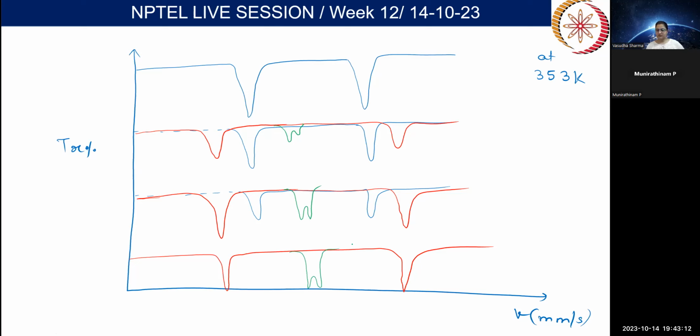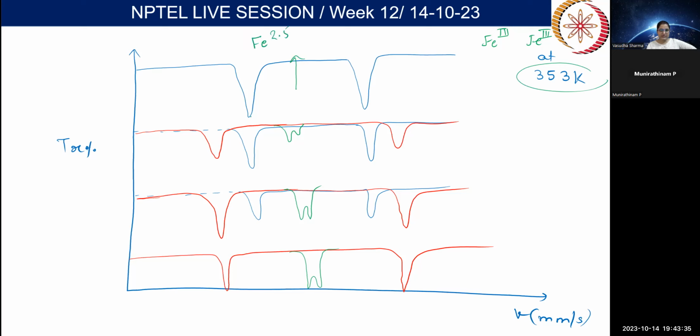So what we observed is that we were expecting both irons to be in the iron 3 plus state, but at 353 they have an average environment and it gives you 2.5.